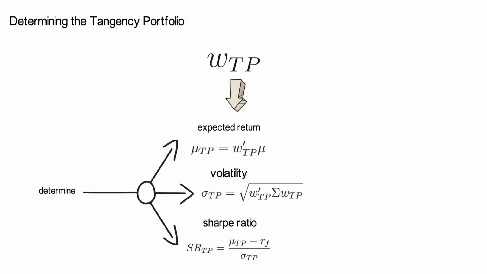So let's move on to the second step of the Markowitz portfolio selection procedure. Given the tangency portfolio, and importantly, given the investor's risk aversion, we find now how much to lever the tangency portfolio up or down.